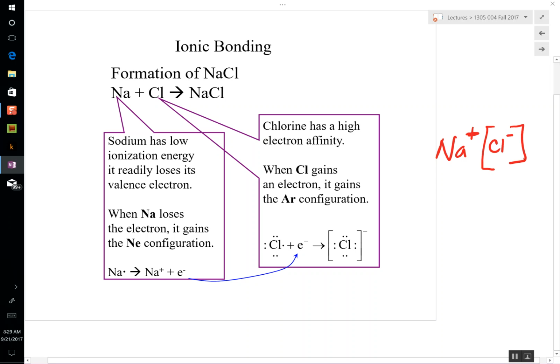There's no sharing of the electrons between them, really. It is the attraction of oppositely charged particles, ions. That's what holds the salt in your salt shaker together. Sodium ions attracted to chloride ions.